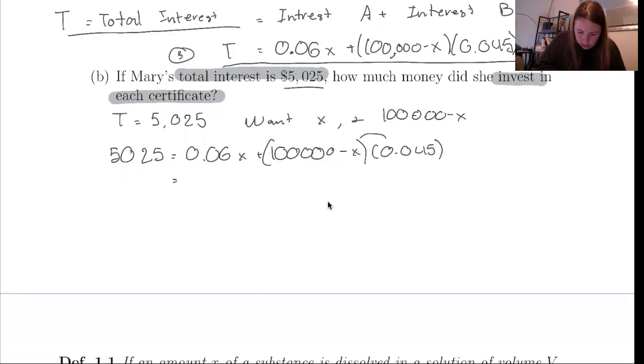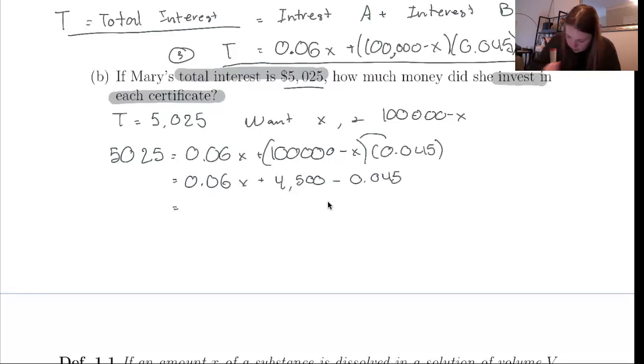So this is 4,500 minus 0.045X. I think this is going to be 0.015X. Let me just check that, because something with decimals always goes wrong. Okay, see, I did that wrong.